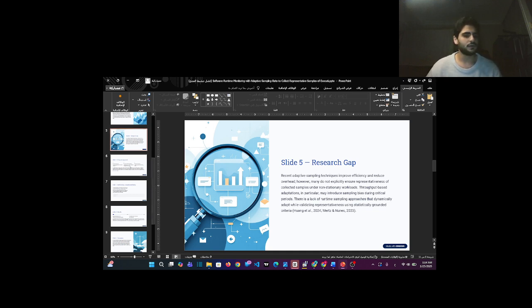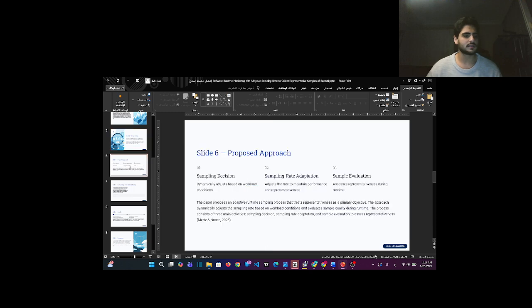So, for slide 6, the proposed approach. To address this gap, the paper proposes an adaptive runtime sampling process that treats representativeness as a primary objective. Instead of just adjusting the sampling rate solely based on workload, the approach evaluates sample quality during runtime. The process consists of three main activities. The first one is that a sampling decision is made for each request.